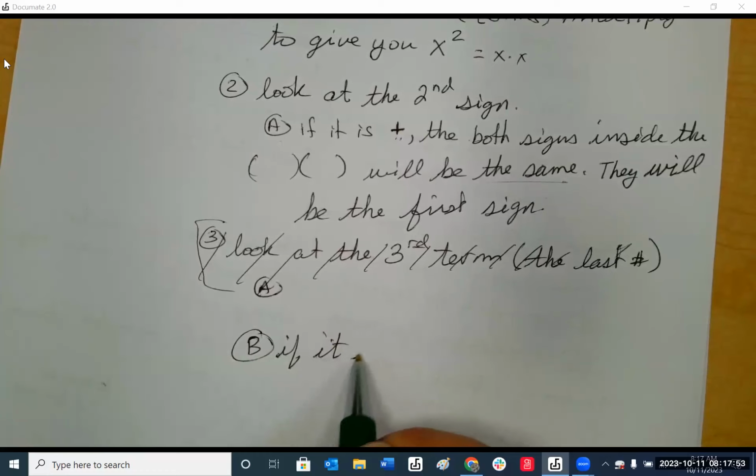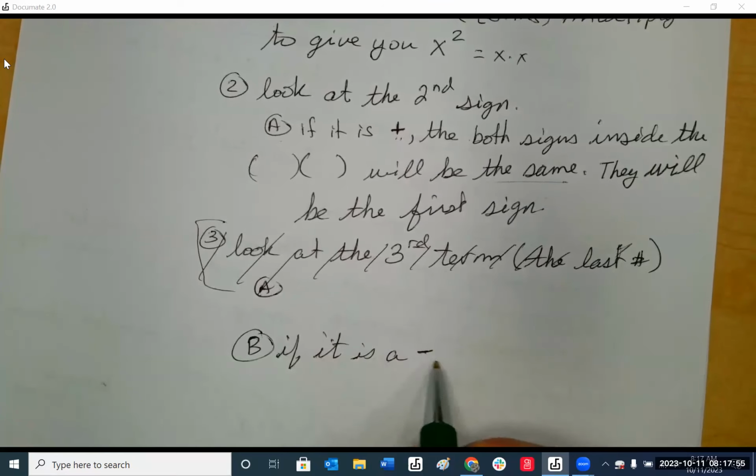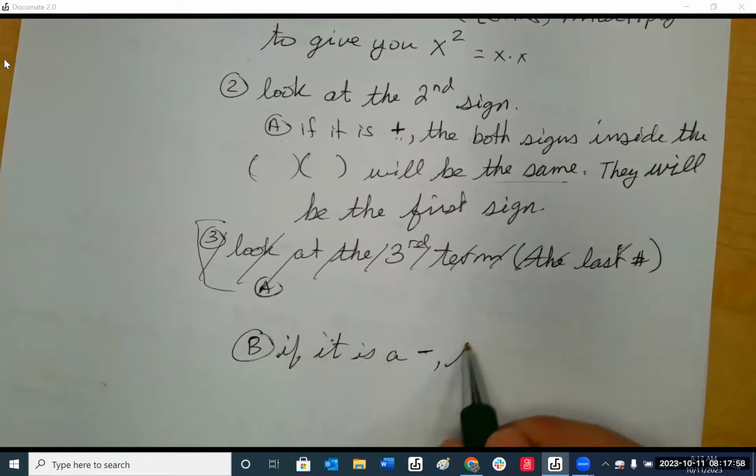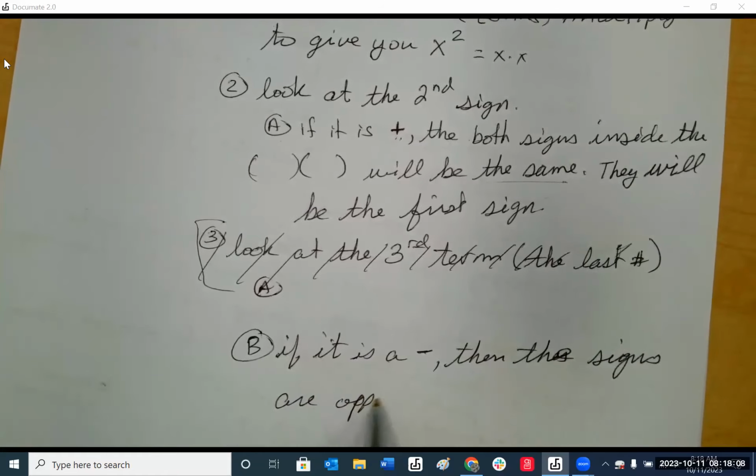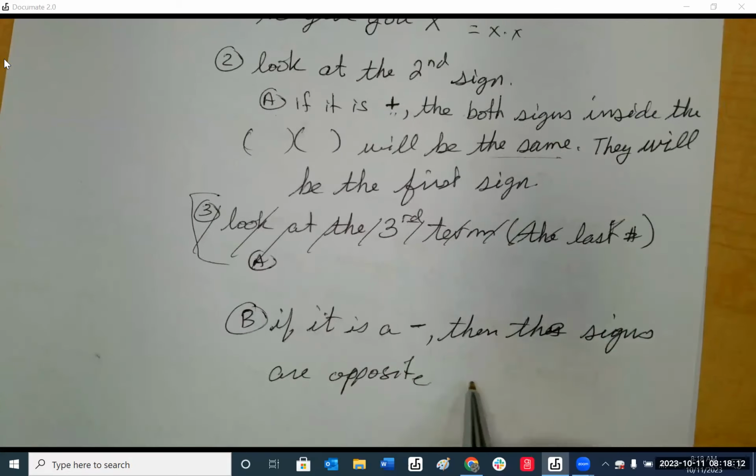If the second sign is negative, then the signs are opposite. One's going to be positive and one's going to be negative.